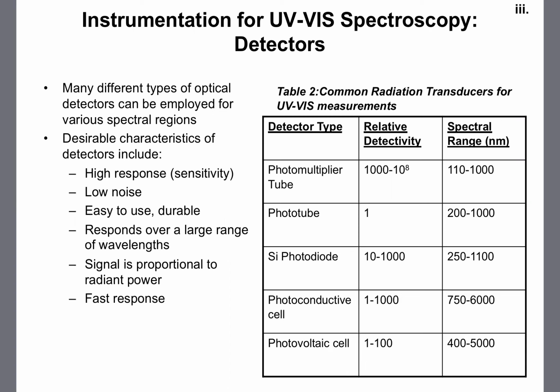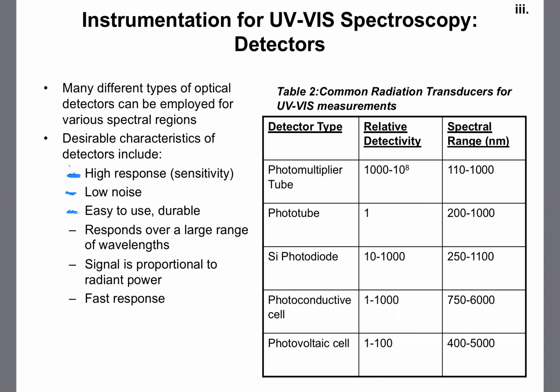Now, there are many different types of light detectors that we can use. We're going to talk about just a few of them, but desirable characteristics include high sensitivity or high response. In other words, we would like to get a large electrical signal for a small amount of light. We want them to be low noise, easy to use and durable, hopefully inexpensive as well.